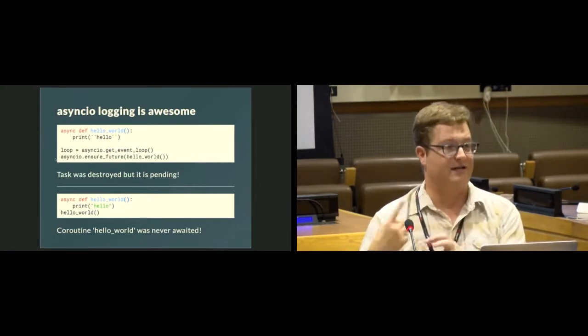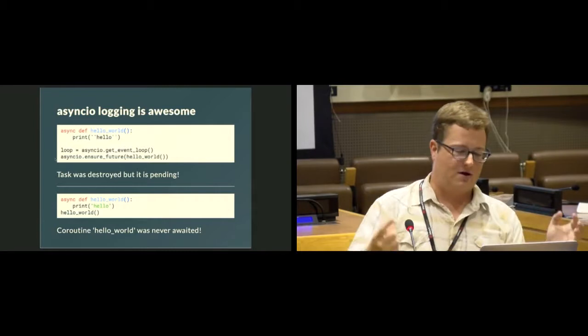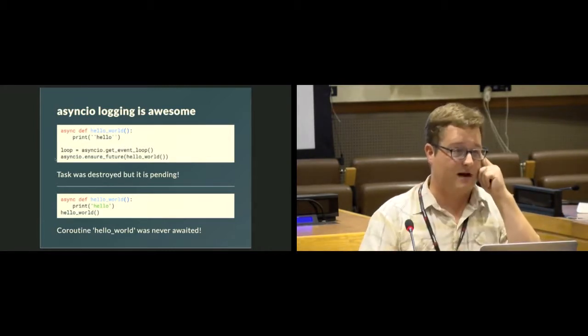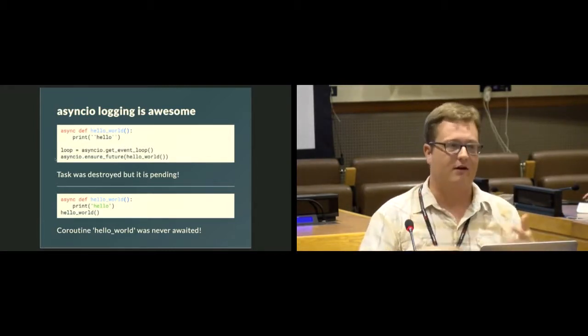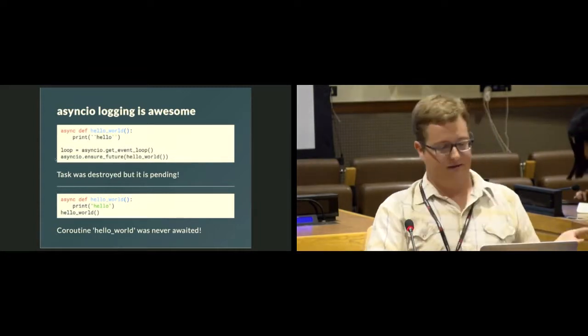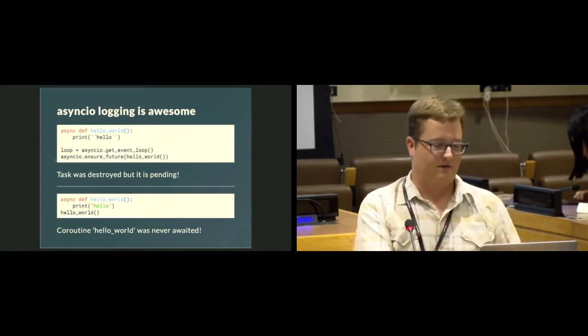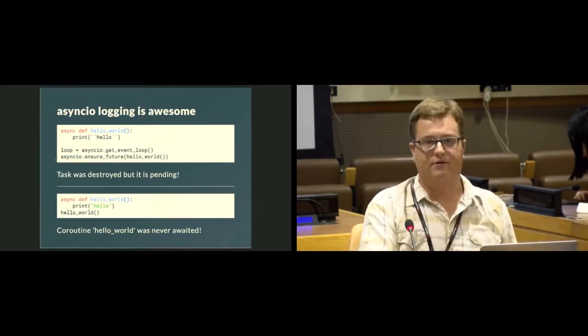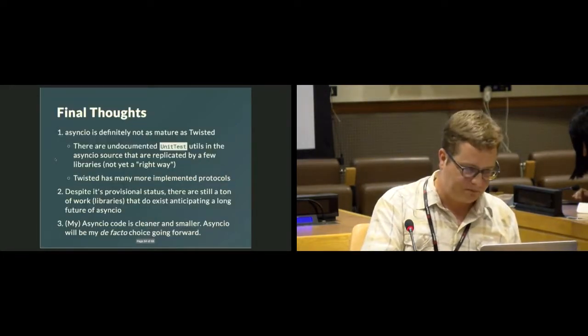But the scheduler is never actually given that code to run. So that's a problem. We never actually awaited that thing, we never gave it to the scheduler to run the loop, so it never ran. That's pretty cool. That didn't exist in Twisted. With this sort of error, there's lots more debugging that I had to do when writing Twisted code.